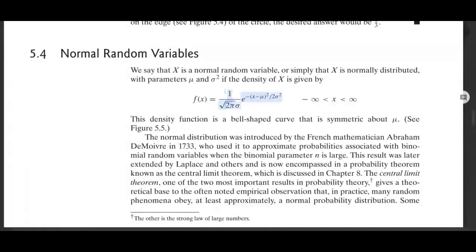Yeah, I remember when I learned this, I never remember this. I have to reference this all the time. And x can be any real number.